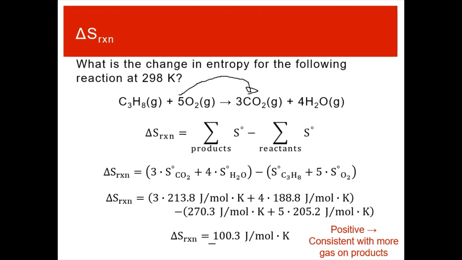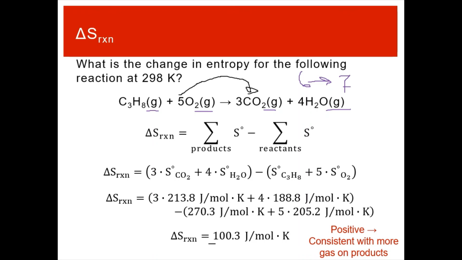And we can understand why by trying to do those predictions that we've talked about previously. I have 1 plus 5 gas reactants. That's 6 gas reactants becoming 3 plus 4 gas products, which is 7. So I go from 6 to 7 gases, an increase in the amount of gas.